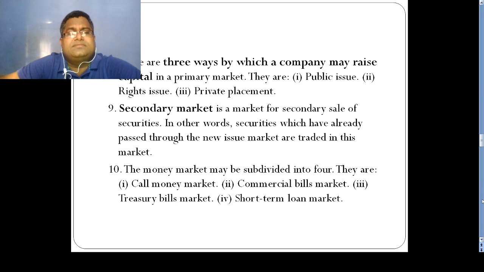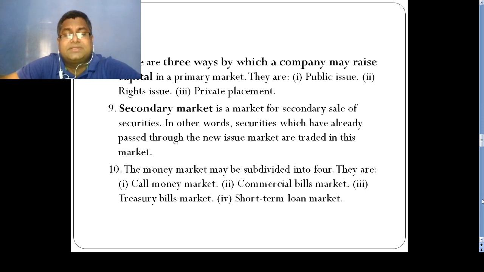Next, there are different types of raising capital issues: public issue, rights issue, and private placement. This means the company can raise capital in different ways. What is the secondary market?